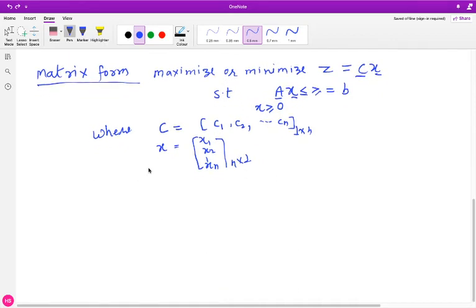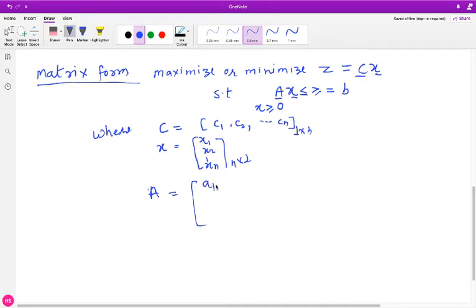Now, capital A is going to be equal to a matrix of size m by n.